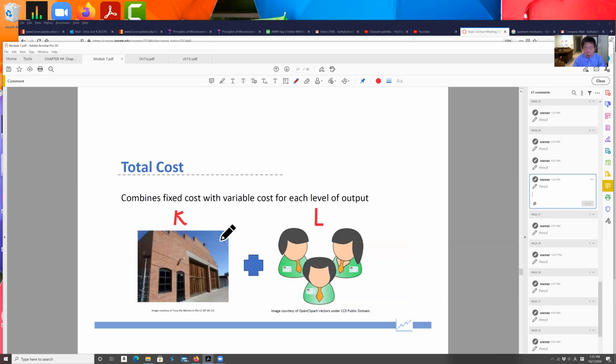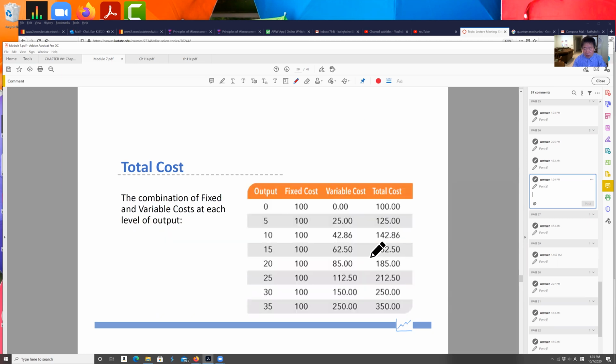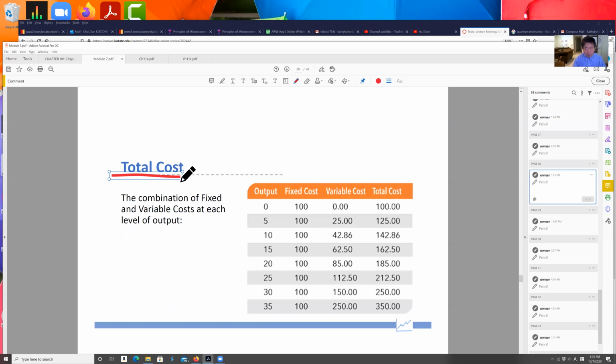So adding the fixed cost and the variable cost, you get total cost. So this includes the cost of capital input and the cost of laborers and other ingredient inputs. We will ignore ingredient inputs, okay? Because you cannot change very much. If you want to produce potato chips, you have to have so many potatoes.